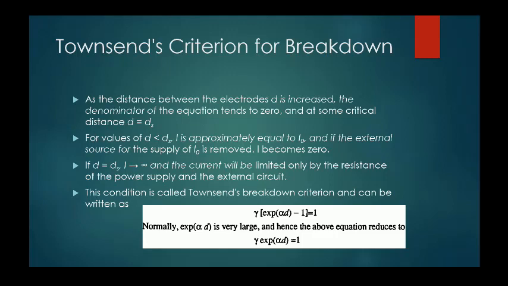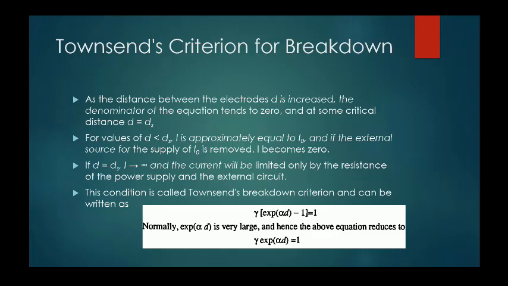And at some critical distance, d equal to ds, this 1 minus gamma times exponential alpha d minus 1 becomes 0. So if we rearrange, we have gamma times exponential alpha d equal to 1.